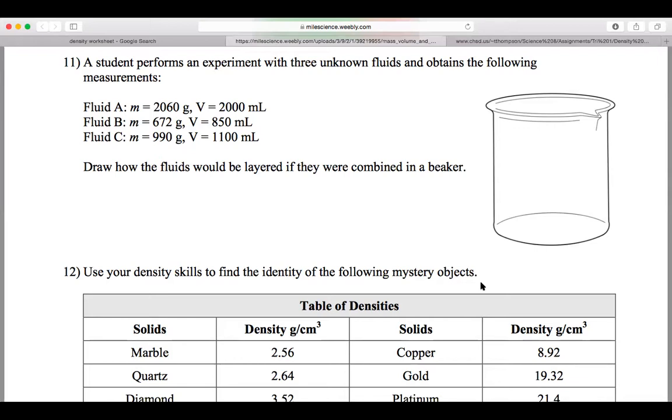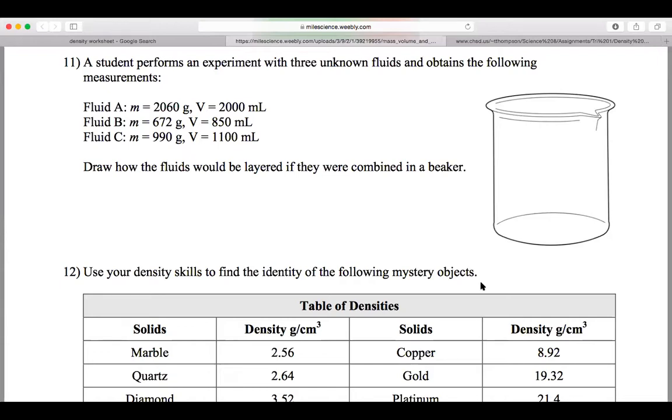Okay, Ricardo, what is the density of fluid A? 1.03 grams per ml. Okay, density of liquid A is 1.03. Density of liquid B, Ricardo? 0.79 grams per ml.